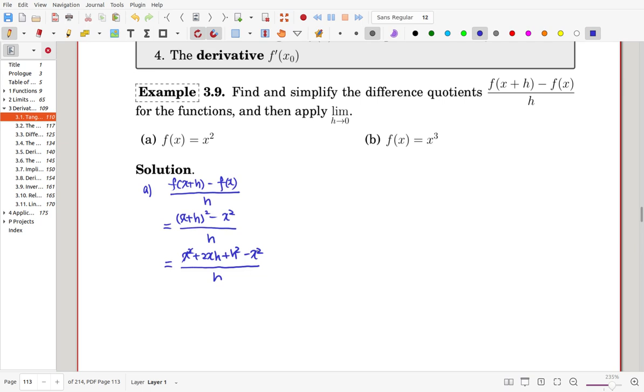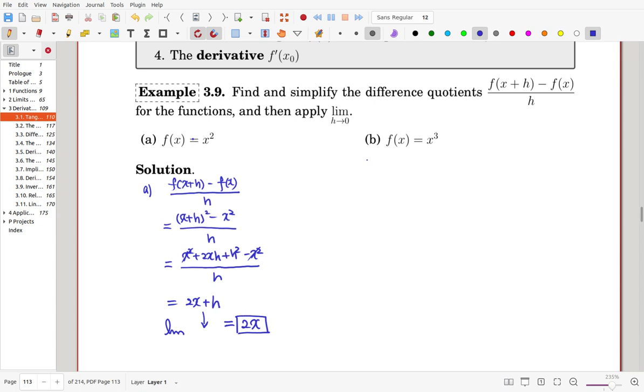But x squared minus x squared cancels. For the remaining parts, dividing by h gives 2x plus h. Once you take the limit of that term, it becomes 2x. Right? For a general point x, the derivative is 2x. If it is x squared, then the derivative is 2x. Okay.